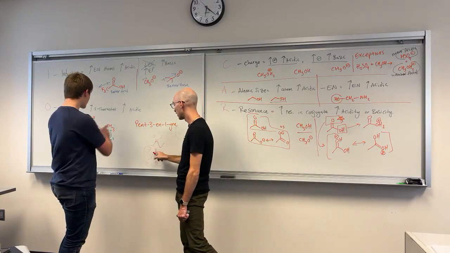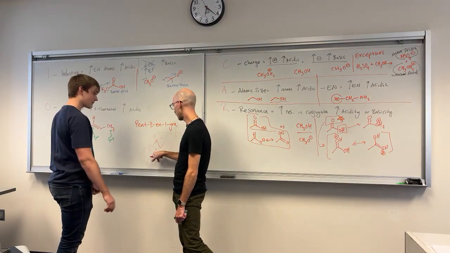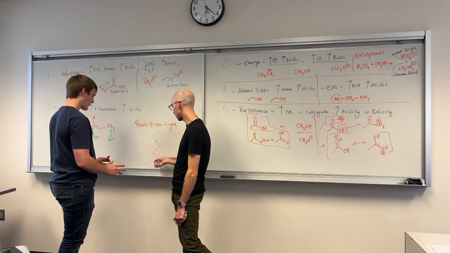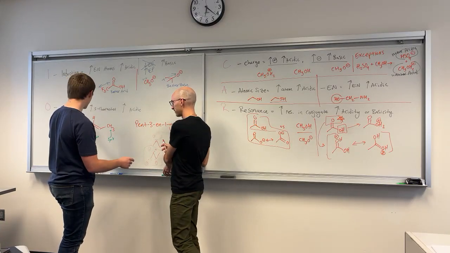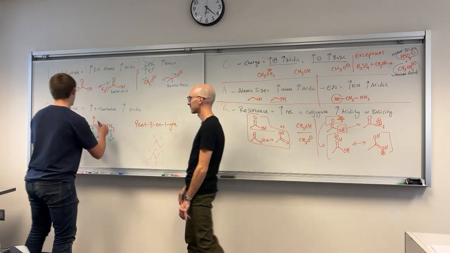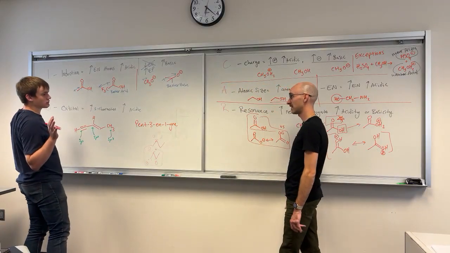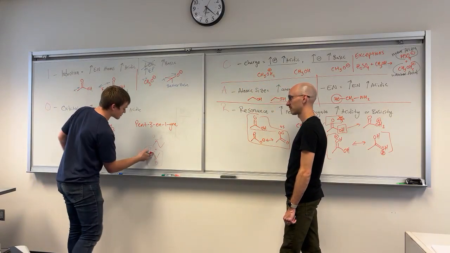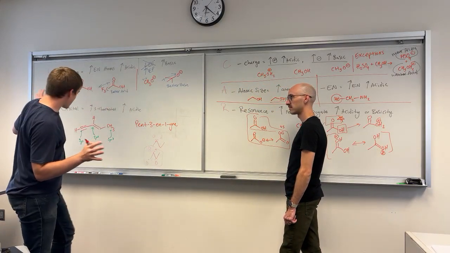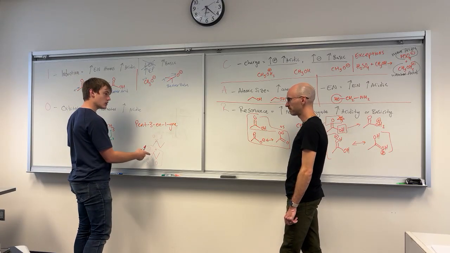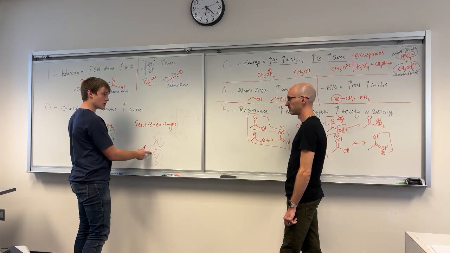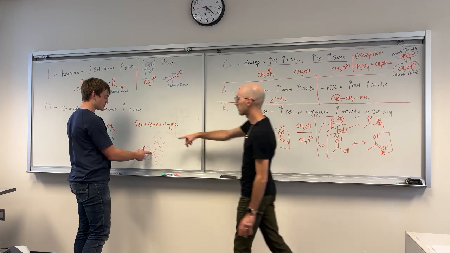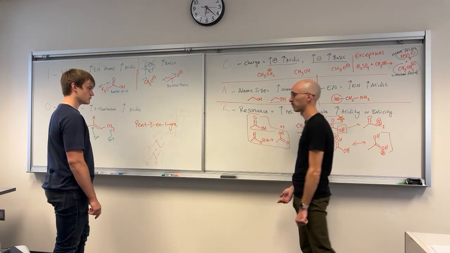Not to mention, this lone pair will now have some repulsion from additional lone pairs. The electrons are farther away, so it's easier. I think this would be more acidic, but I don't know if you can even prove that.